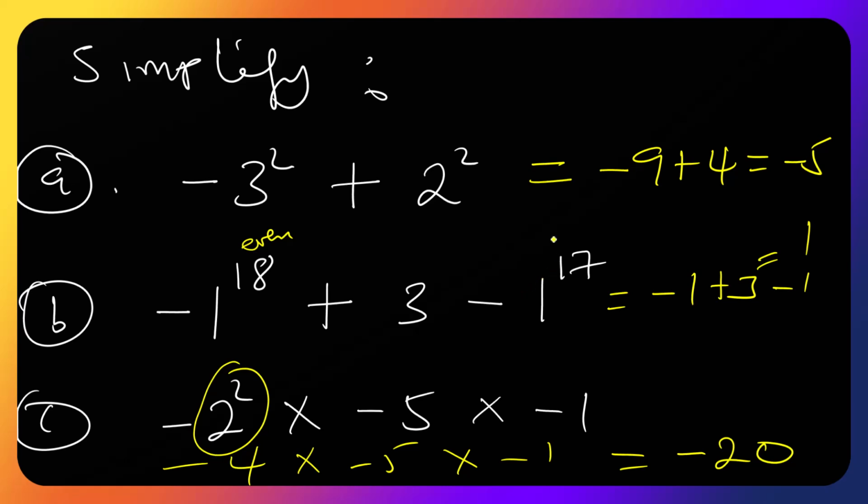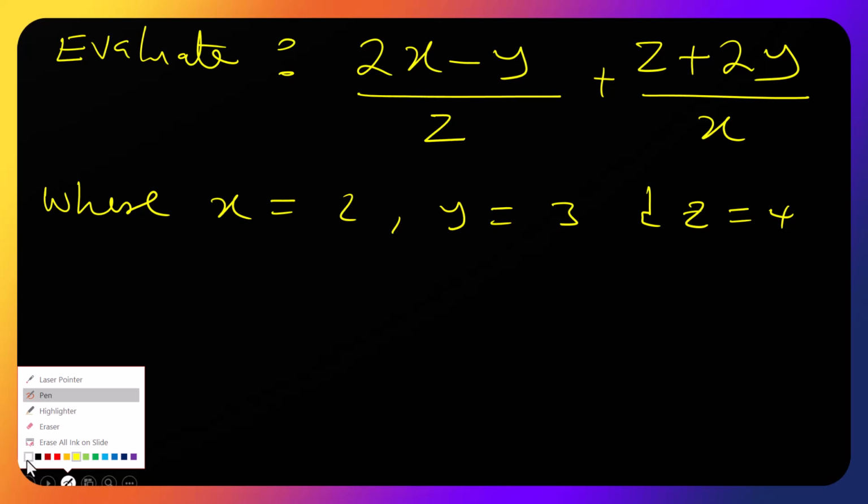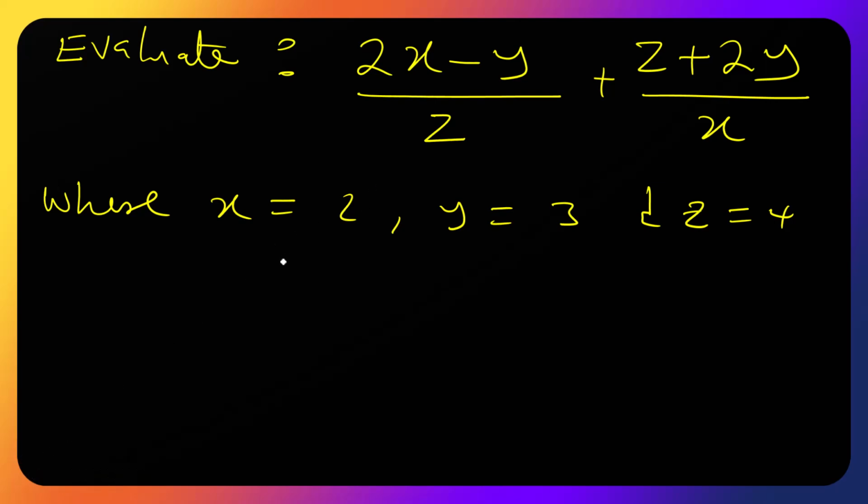All right. Now let's go ahead and do some of the evaluations. Let's observe this. Now we are to evaluate 2x minus y on z plus z plus 2y on x, where x is 2, y is 3, and z is 4. This one is very simple. Just go ahead and do substitution.